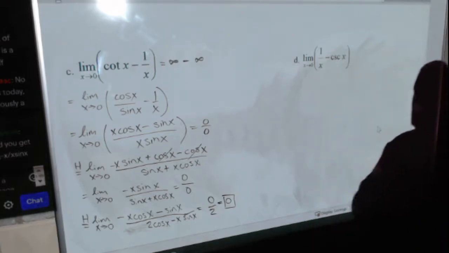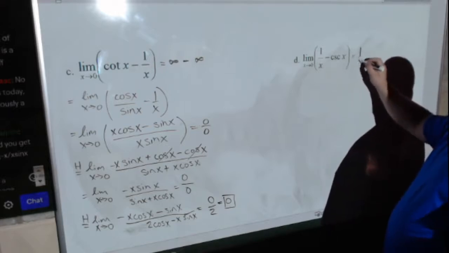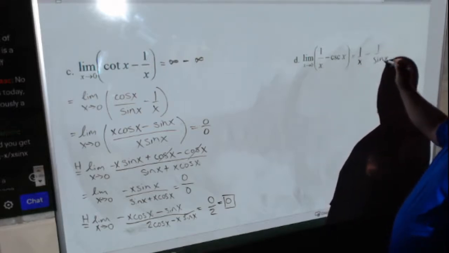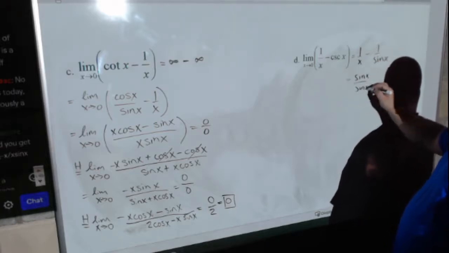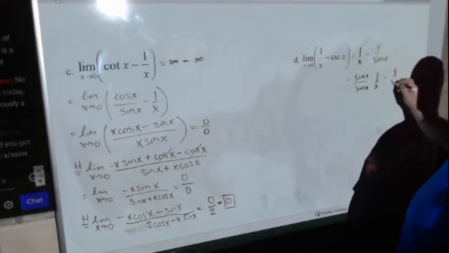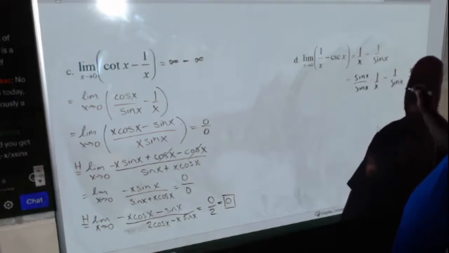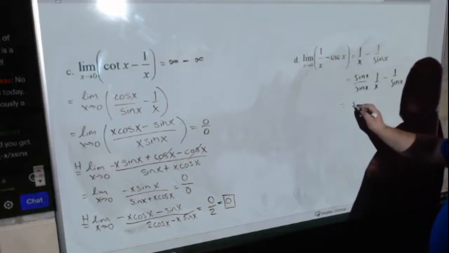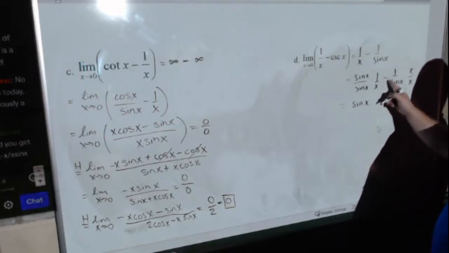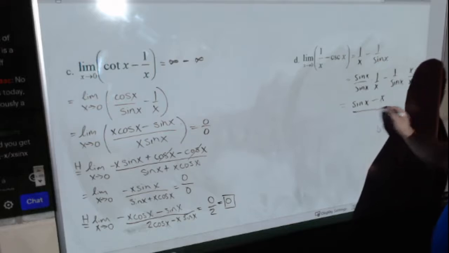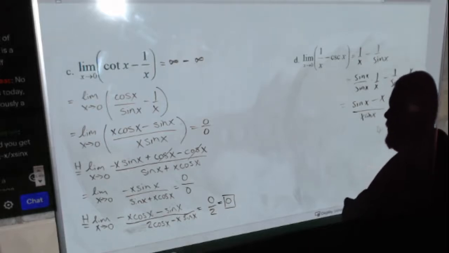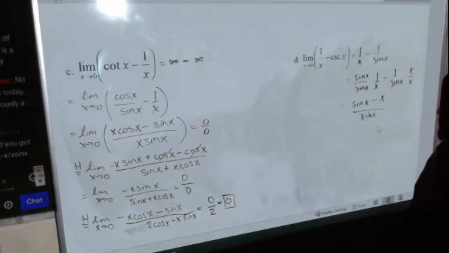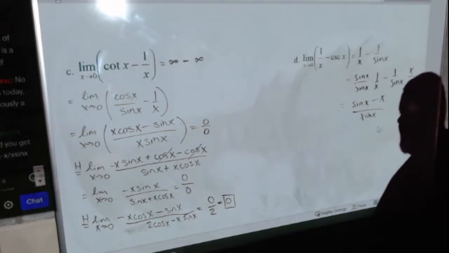Right, if this is 1 over x minus 1 over the sine, I can multiply the first fraction by sine over sine, and the second by x over x, and then I get sine x up here minus x, all over x sine x. Hopefully that answers your question.